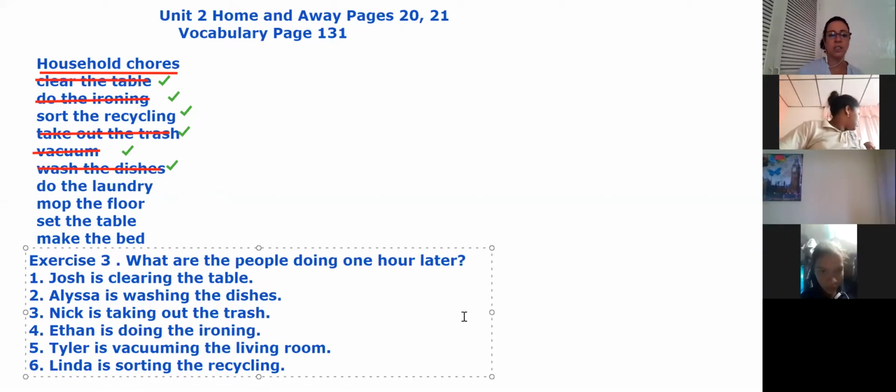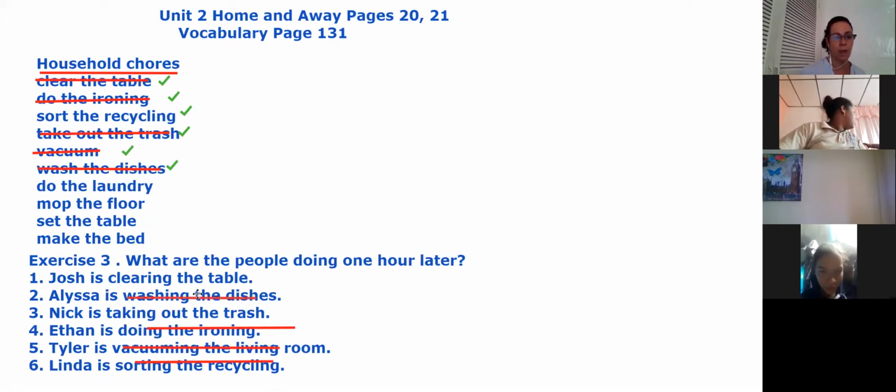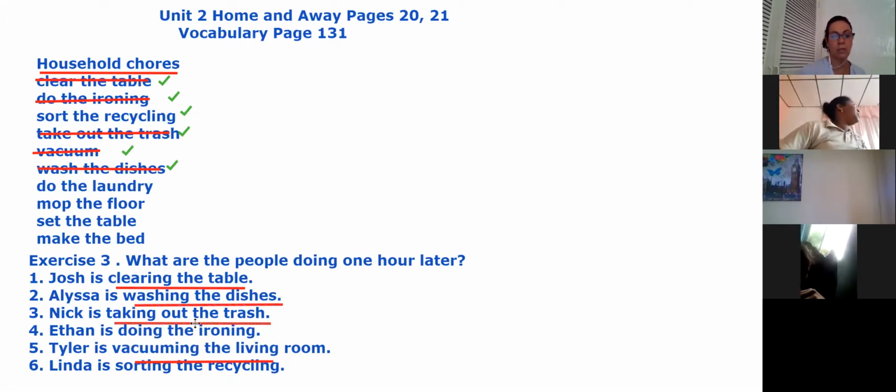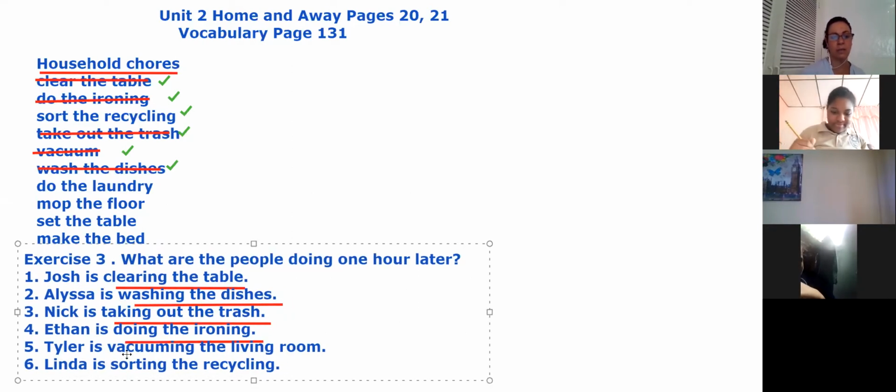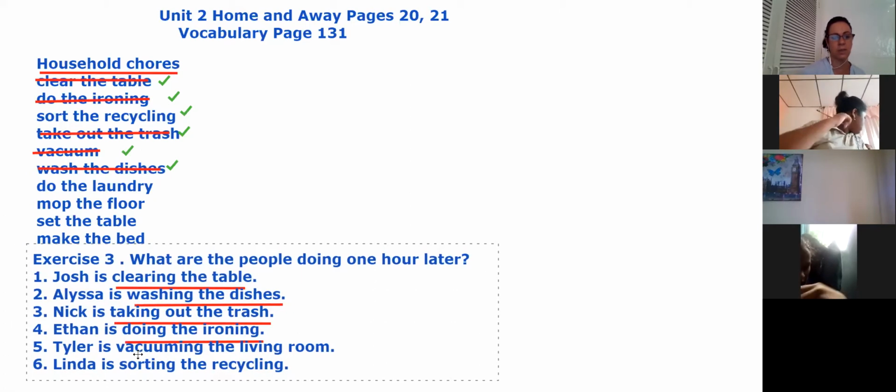So, Josh is clearing the table, Alisa's washing the dishes. This is what you fill in each one. Ethan is doing the ironing, Nick is taking out the trash. Tyler is vacuuming the living room, we could say. Oh, great. I moved it. Everything moved.